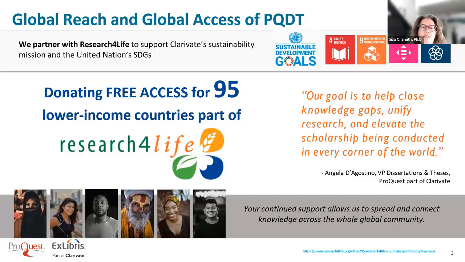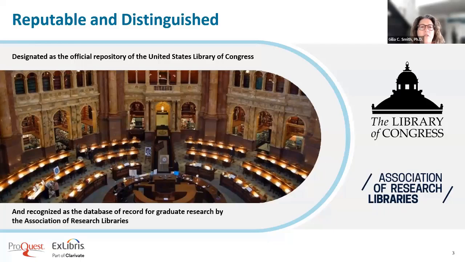And those are in accordance with the UN's Sustainable Development Goals. We also serve as the digital repository for the Library of Congress, and we've had a very long association with ARL, about 60 years in all. And so what that means is that if Congress were not to be funded again, let's say this fiscal year, ProQuest would be the repository for all of the nation's dissertations and theses.